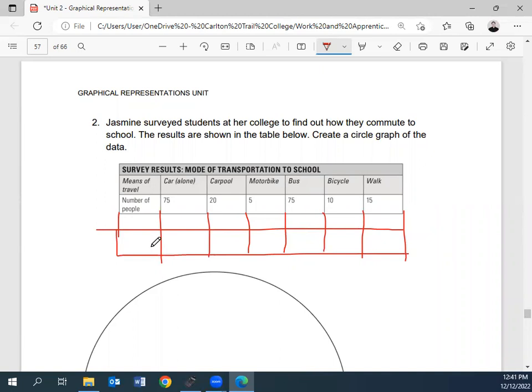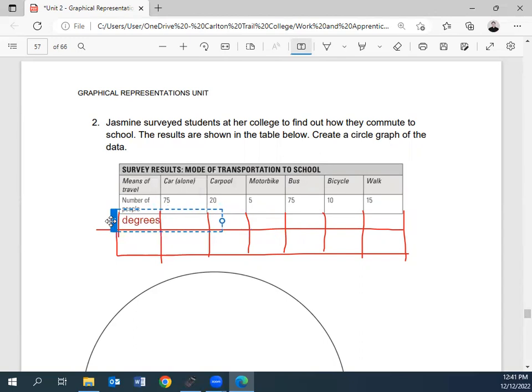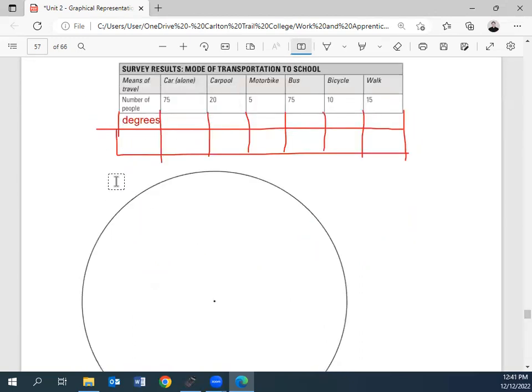And I want you to close off the little table here too. So you're going to have two new boxes here. Thing number one we need to figure out is how many degrees each one of these things is, because I need to figure out how many degrees it is in order to properly draw it in my circle.